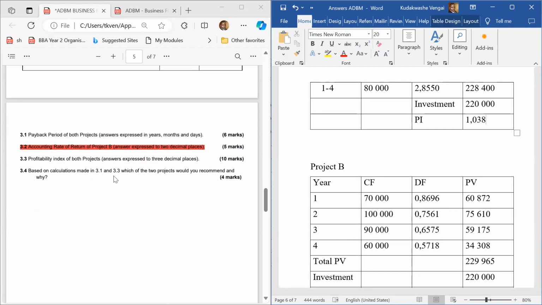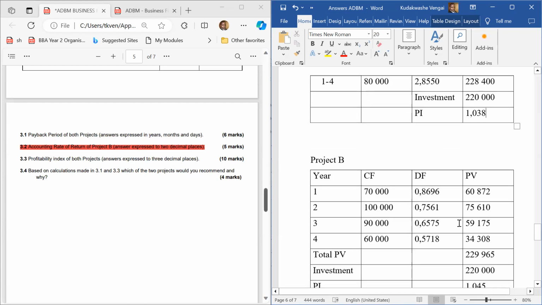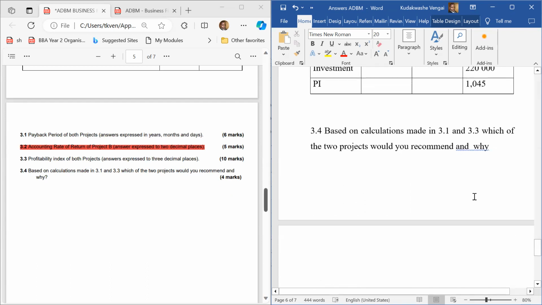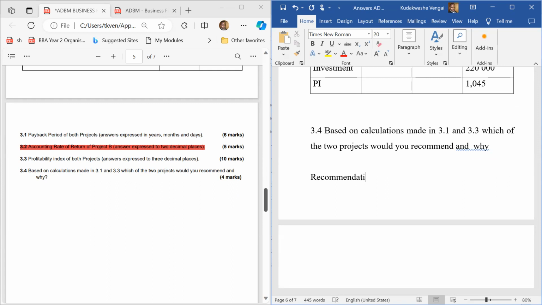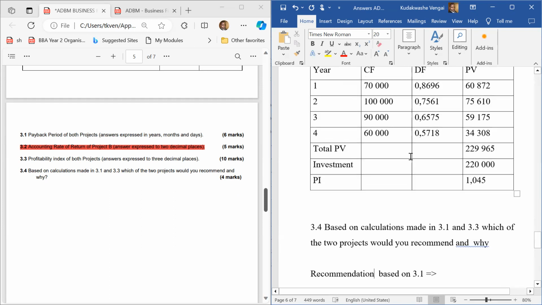So based on your calculations on 3.1, 3.2, 3.3, which project would you choose? What I would recommend for a solution for this one is you can say recommendation based on 3.1, right? And then you conclude based on 3.1 first. So 3.1, which is payback.